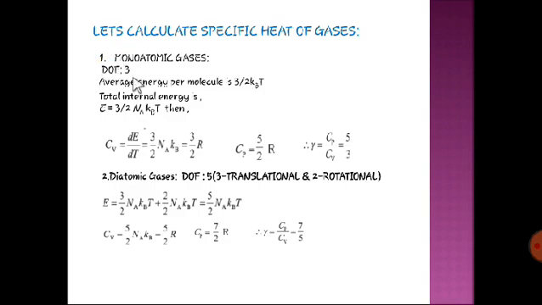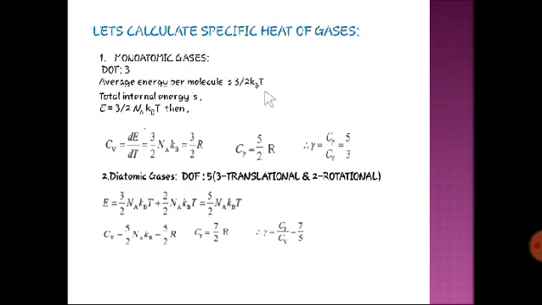First is monoatomic. What is the degrees of freedom for monoatomic? As it is only one atom, it can move along three axes, x, y as well as z. So it has degrees of freedom as 3. Now, what is the average energy per molecule? Individually it has half kBT, right?